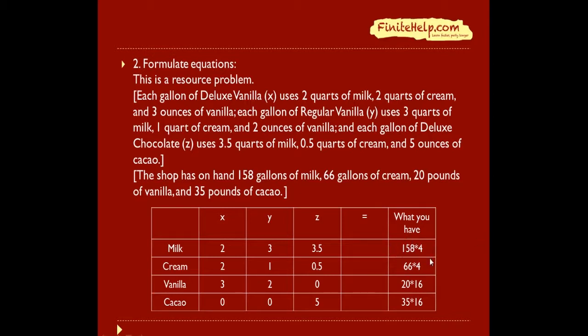So here, what you have on hand in the milk equation is the number of quarts you have. In the same way, for cream, we have gallons of cream multiplied by 4 to find out how many quarts of cream we have. And here, pounds of vanilla and pounds of cocoa, we have to multiply them by 16 to find out how many ounces of each we have, since it's given to us in ounces when we use it up.